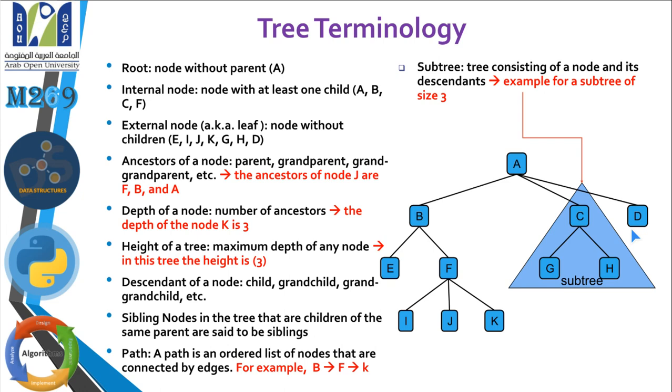Now the ancestors of a node are the parent and grandparent and great-grandparent and so on until you reach the root.